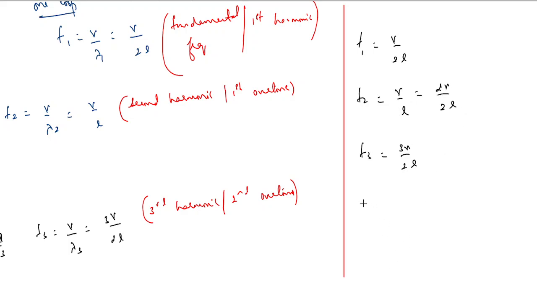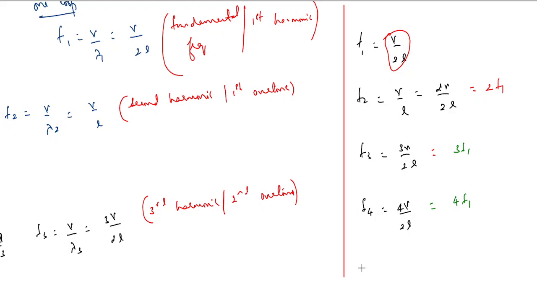If you write the next frequency, F4, it would contain four loops. F4 means fourth harmonic or third overtone. That will be 4V by 2L. So what you can see from here is, if we call this V by 2L as it is, then F2 becomes 2 times F1, F3 becomes 3 times F1, and F4 becomes 4 times F1.